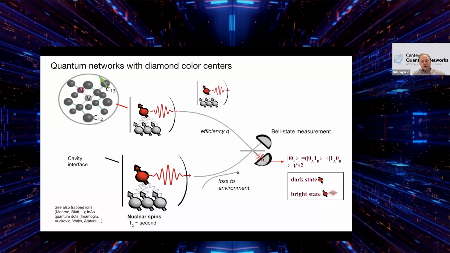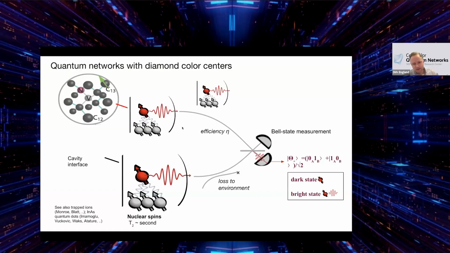When you measure, you don't know which of the two photons was emitted by or scattered by the atom, but you know that one was scattered by the atom. So when you detect a single photon, this allows you to say that the system is in a coherent superposition of dark, bright, or bright, dark of the two systems here, A and B.